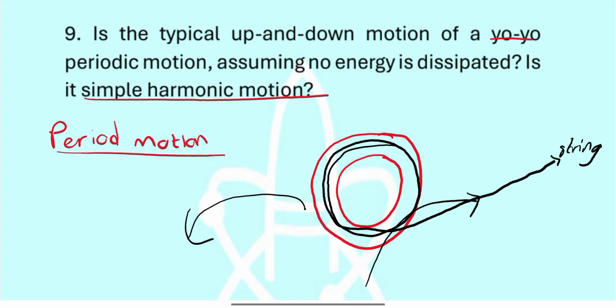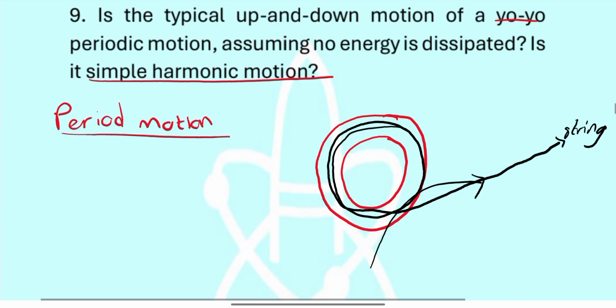It is not, because its position and velocity cannot be described by a simple sine or cosine function. Why am I saying that?